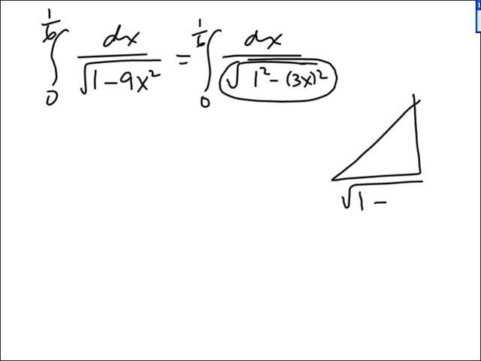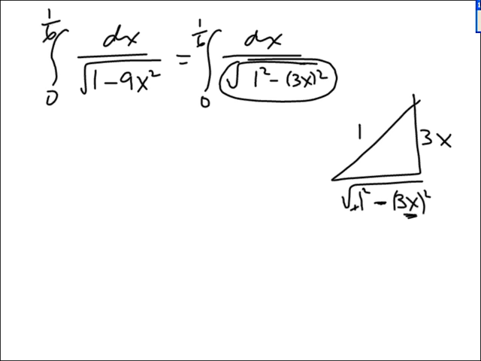1 minus 3x squared. The positive part that's being squared goes on the hypotenuse, and the minus part that's being squared, namely this 3x, goes on one of the legs.